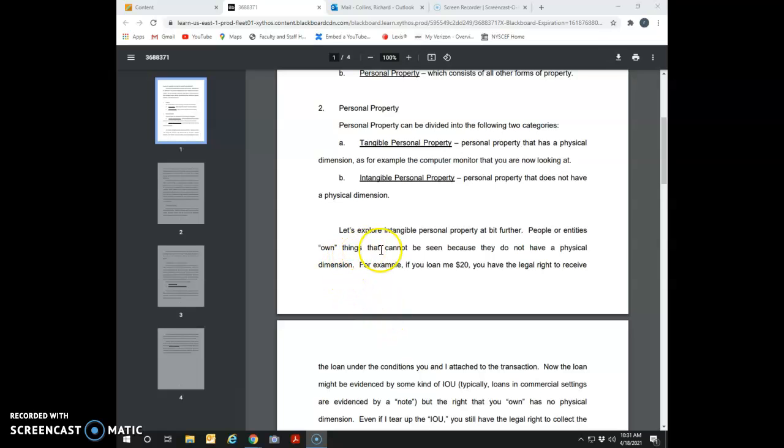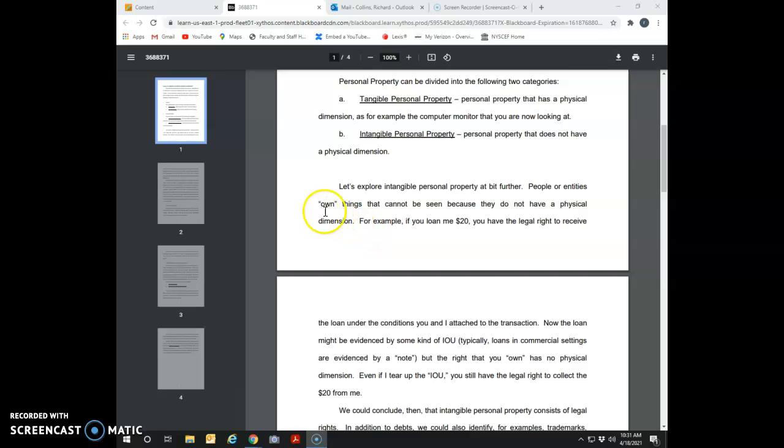So if we look in this next paragraph, we can see that people own things that cannot be seen because they do not have a physical dimension. If you loan me $20, you have the legal right to receive the loan under the conditions you and I attached to the transaction. The loan might be evidenced by some kind of document, but the right that you own, which is to receive the loan, has no physical dimension.